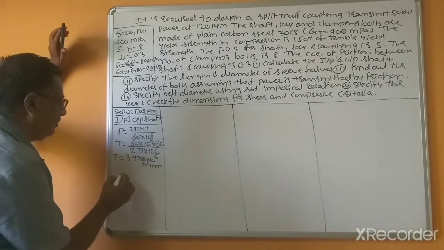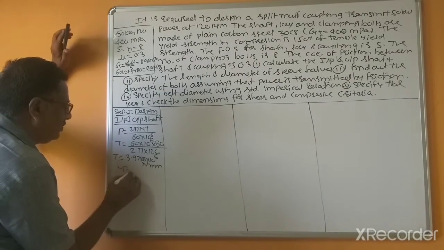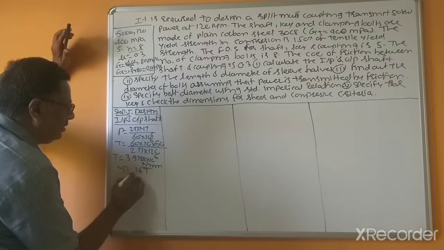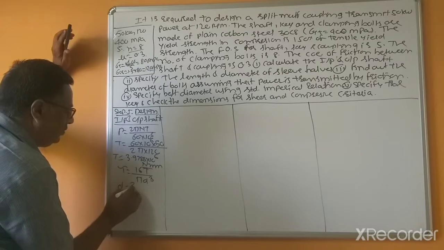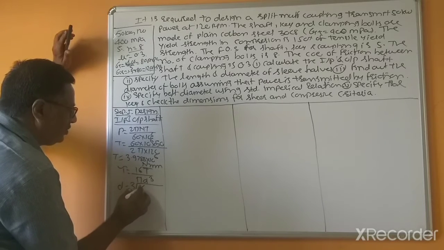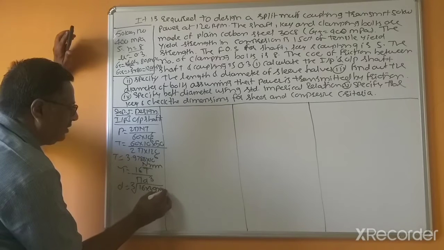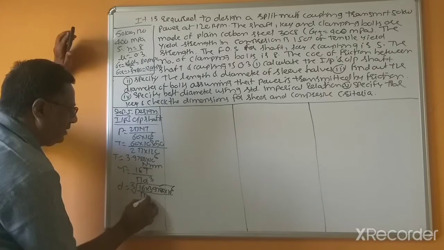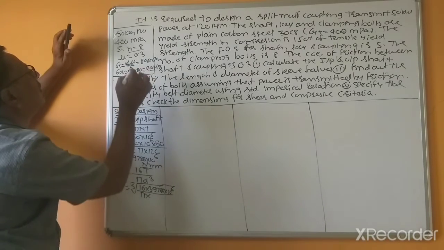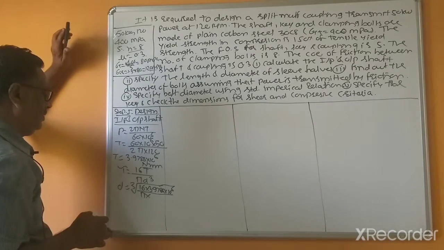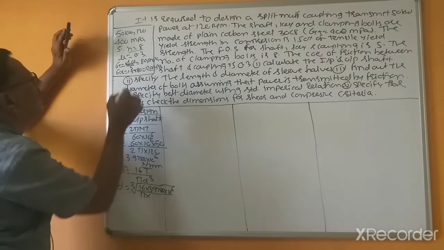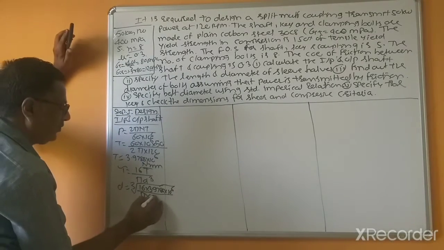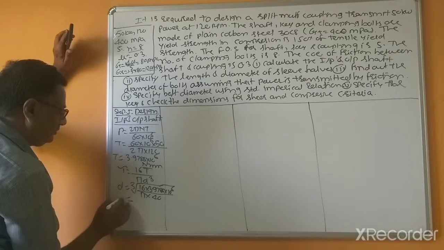By using the formula tau equal to 16T divided by pi d cube, d equal to cube root of 16 multiplied by 3.9788 into 10 to the power 6 divided by pi into shear stress. Shear stress is 80 means this is 40.